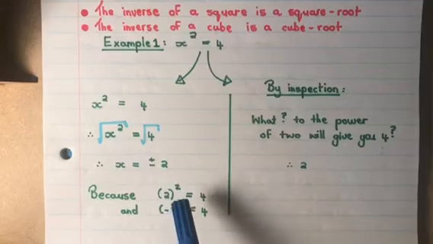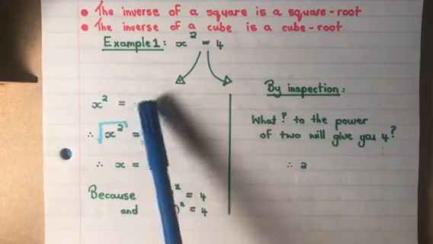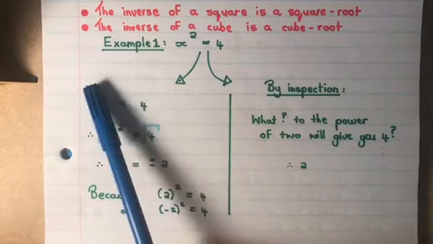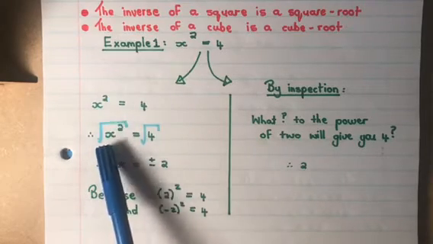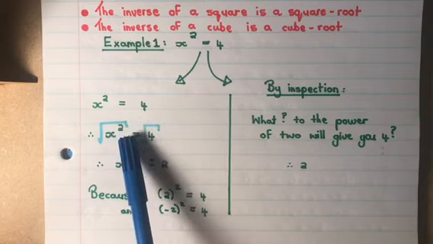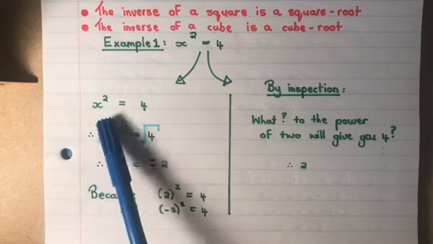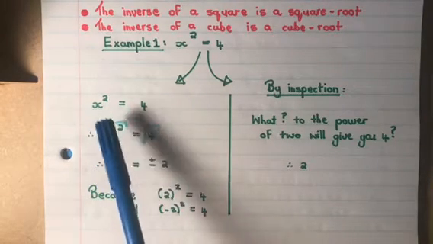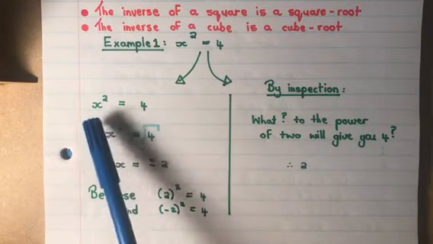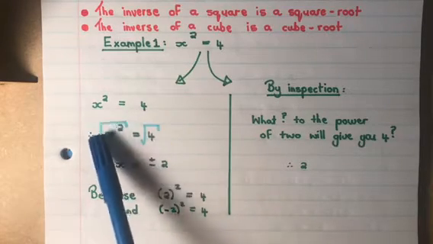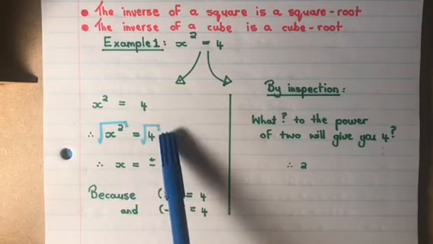Another way of doing it, the mathematical way of using the rules I've explained to you. x squared is equal to 4. We want to do the inverse of the x squared, so we place over it a square root, because a square root and a square cancel each other out. Please remember, if you do it on the left hand side, you have to do it on the right hand side.